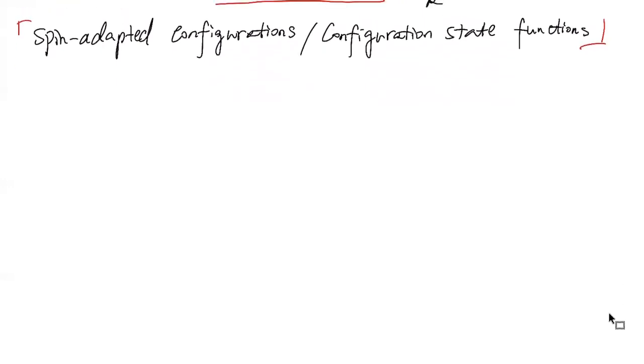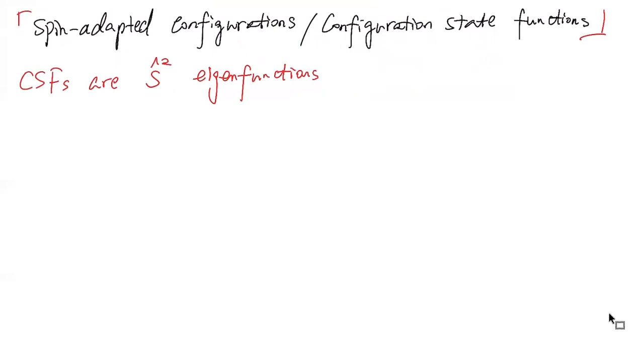Configuration state functions are, of course, spin eigenfunctions. So if you want your system wave function to possess good properties, for instance for the spin, then you should work with the configuration state function.